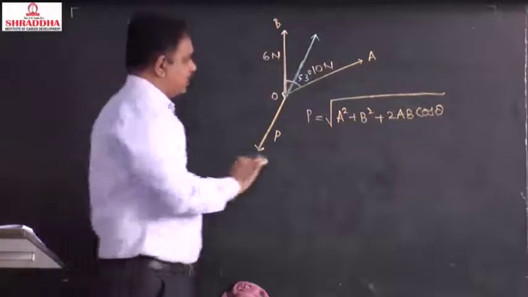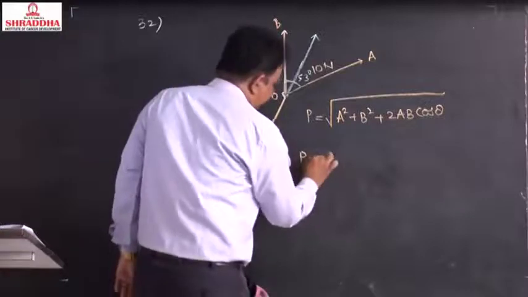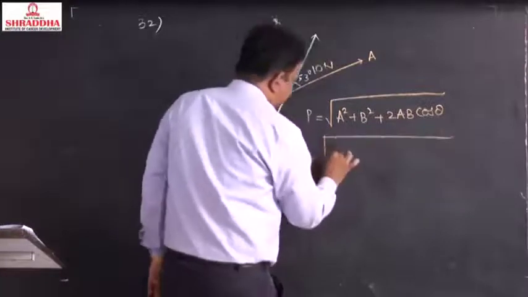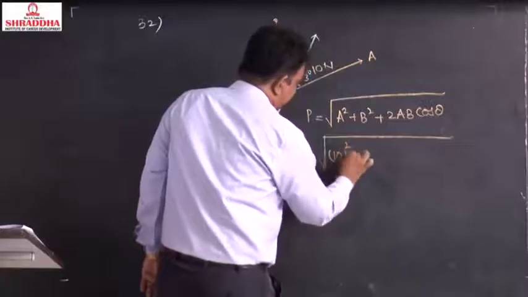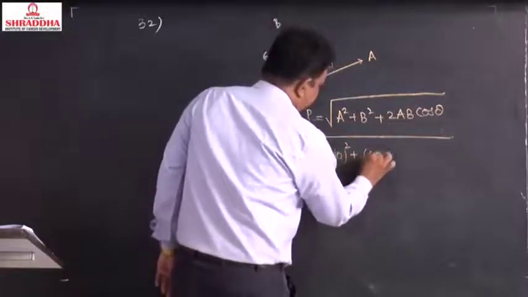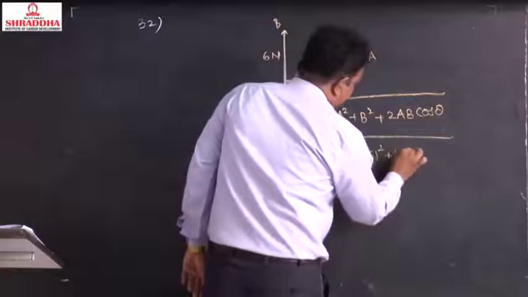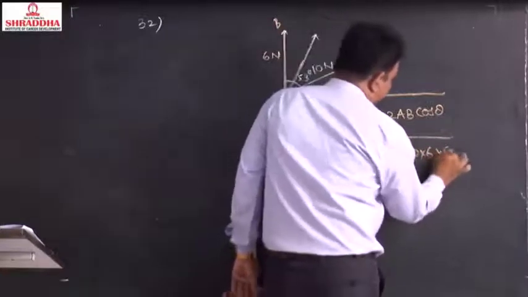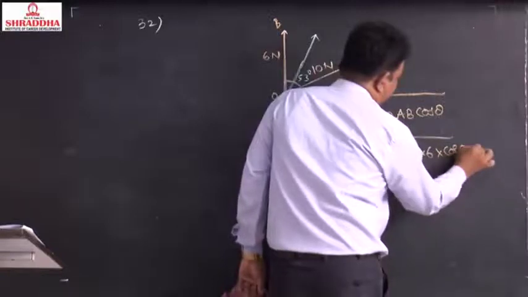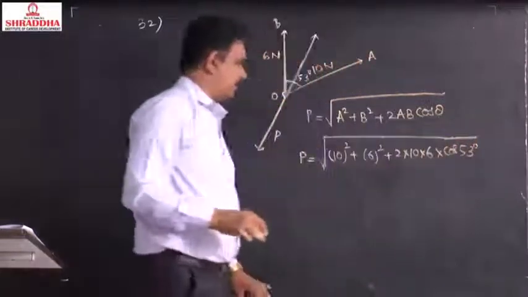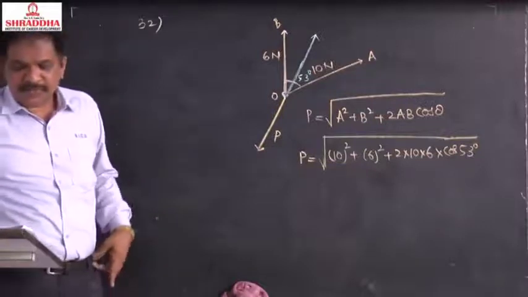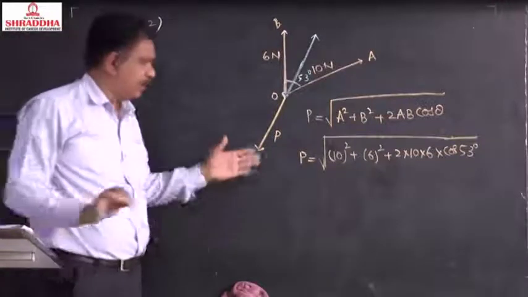Then P is equal to square root of 10 square, 6 square, 2 into 10 into 6 into cos 53. That is the answer. Find out the cos 53 value, they gave it as 3 by 5 already.